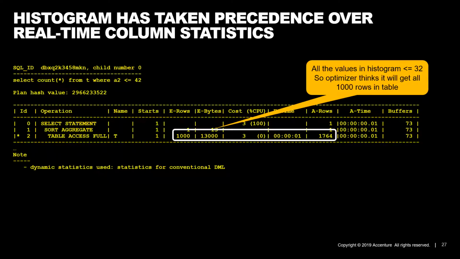Well, the optimizer is told by the histogram that the maximum value is 32, and I've got 32 buckets in my histogram. And it tells the optimizer that all of the buckets in the histogram are returned by the query. And it knows that there are 1,000 rows on the table.